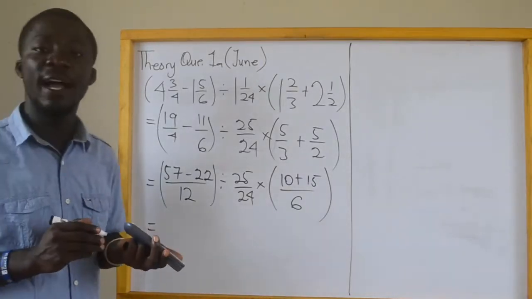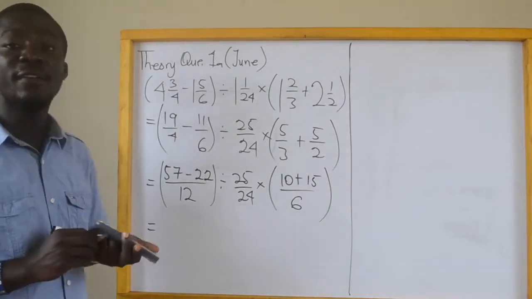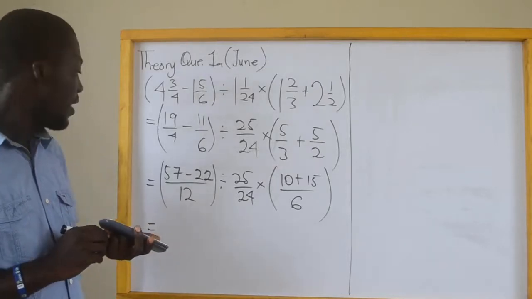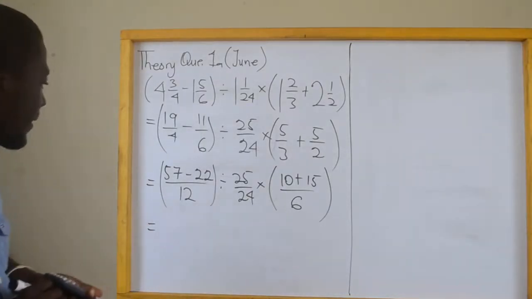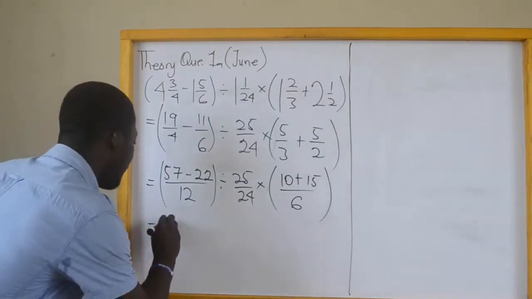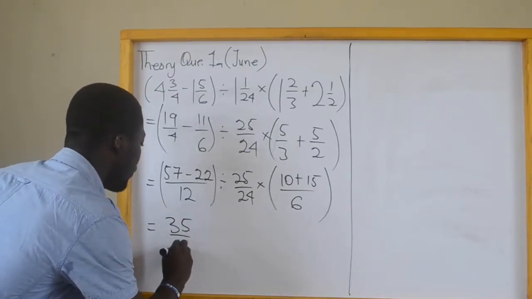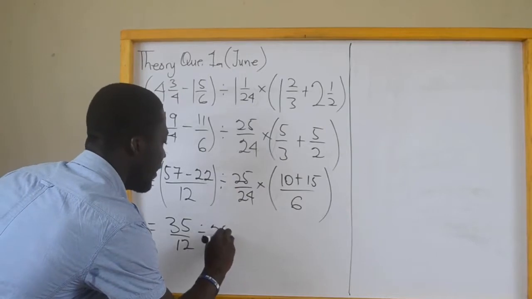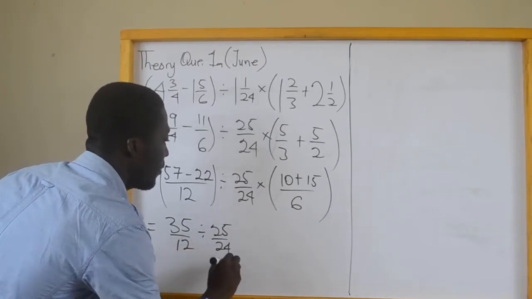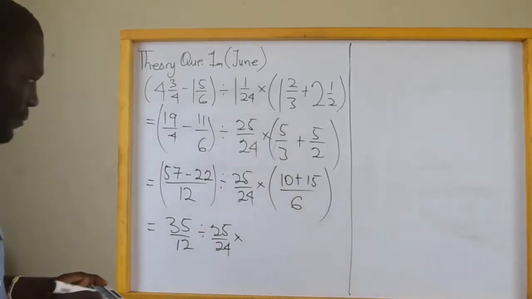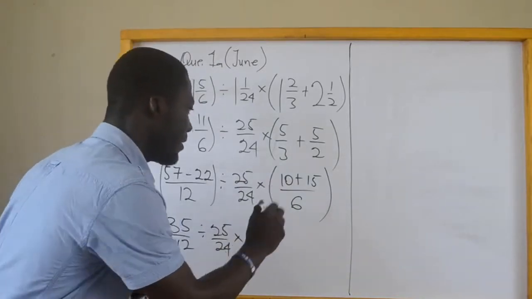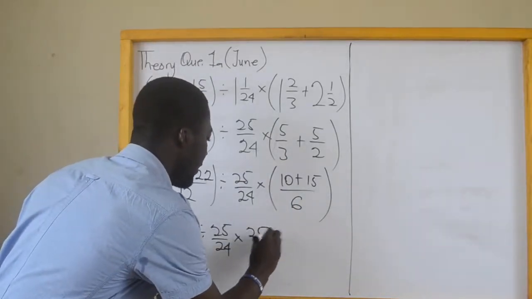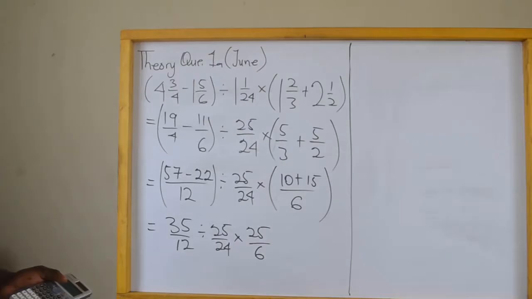So when we simplify it, 57 minus 22, we are going to get 35 over 12, divided by 25 over 24, times 10 plus 15, which is 25 over 6.